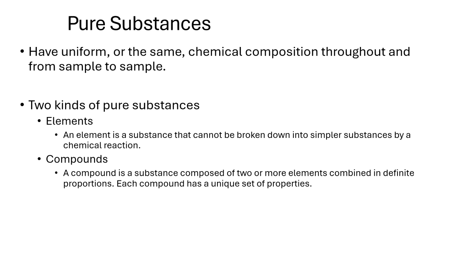And then also we have chemical compounds, and they're composed of two or more elements that are combined in definite proportions. So they have very specific ratios by mass of each element present, and each compound has its own unique set of physical and chemical properties.